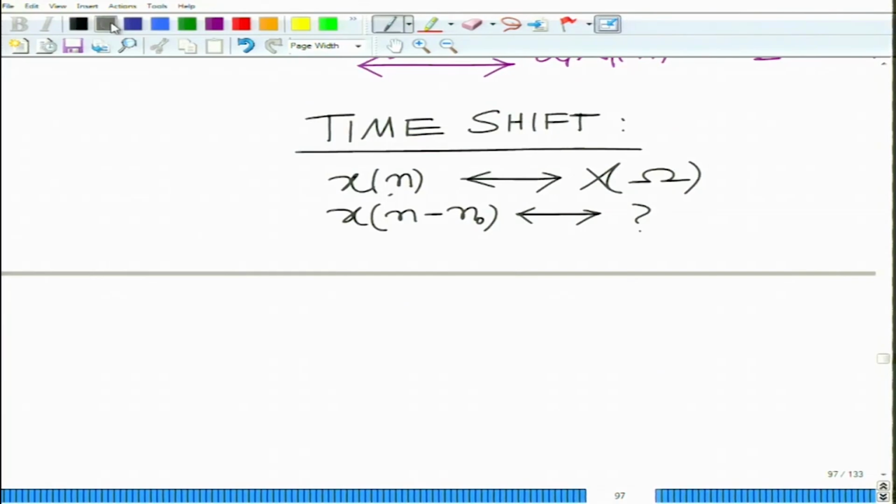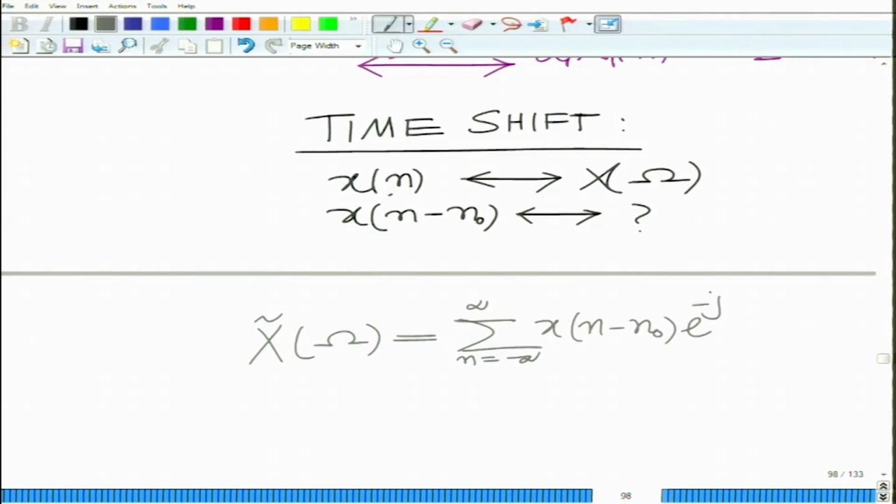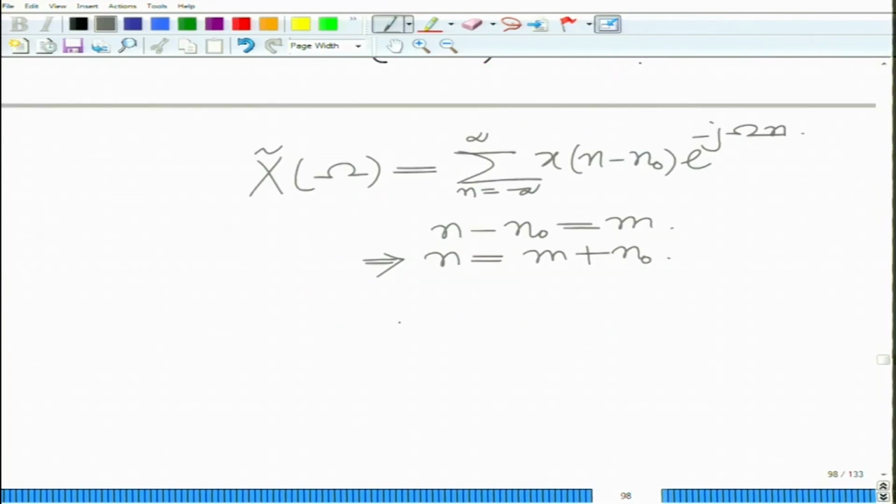We are asking what is X tilde(omega), which is the summation over n from minus infinity to infinity of x[n minus n naught] e raised to minus j omega n. Set n minus n naught equals m, that implies n equals m plus n naught.